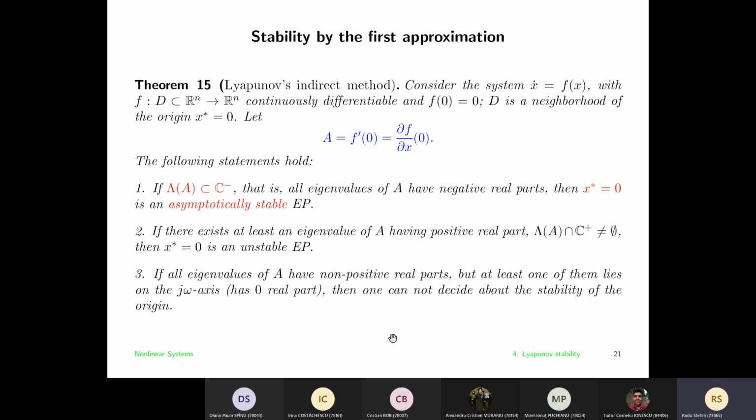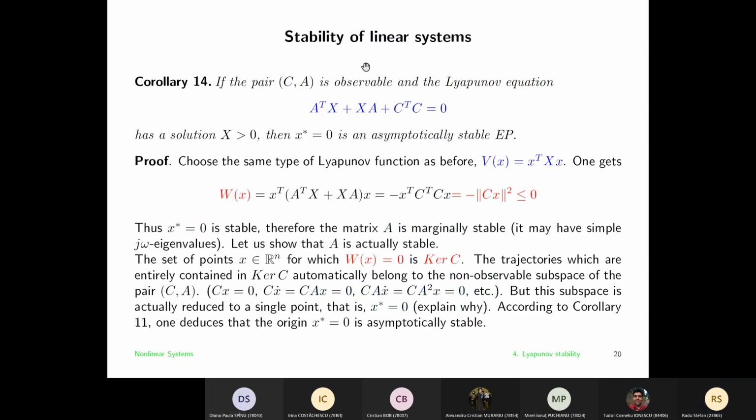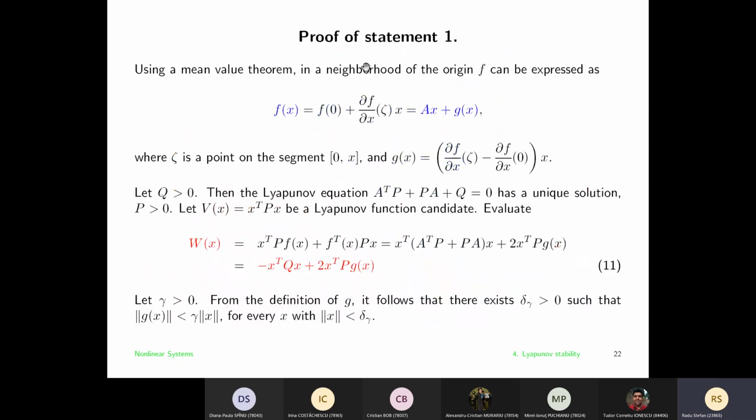So why was the theory before important? Why was this so important? This Lyapunov function candidate. Take a look. We'll not go into the details of the proof, but take a look. The idea is to express f of x by a mean value theorem.